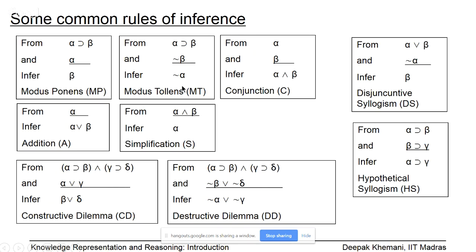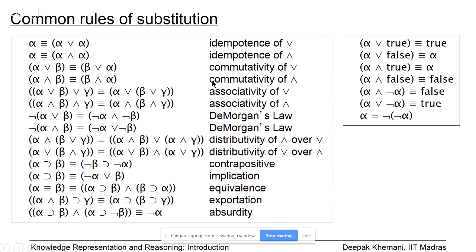Likewise, there are other rules of inference like modus tollens, conjunction and so on, which are used in generating proofs. And there are rules of substitution which say that A implies B is equivalent to not A or B, for example. So alpha implies beta is equivalent to not beta implies not alpha, and alpha implies beta is equal to not alpha or beta.